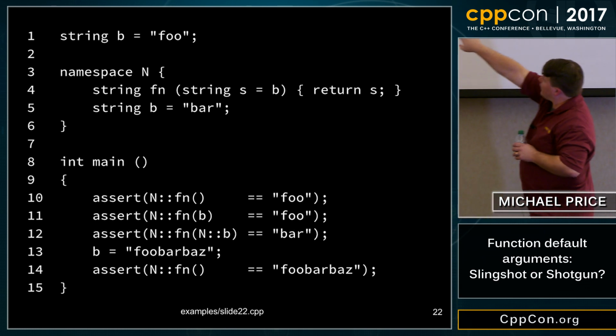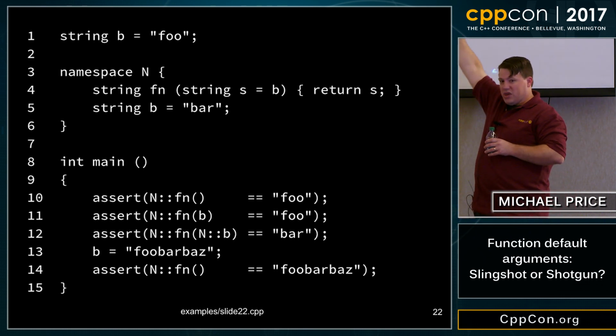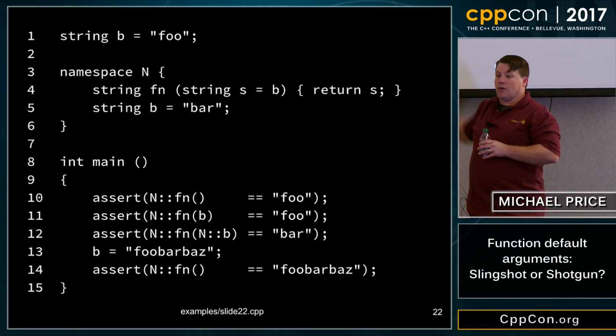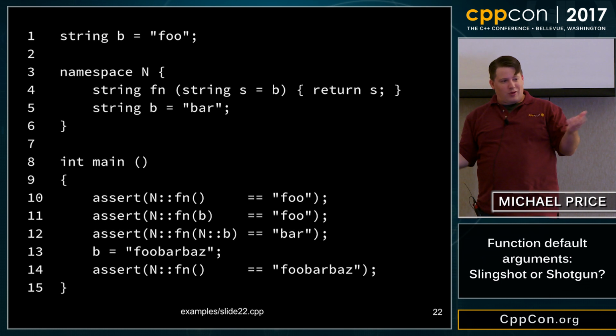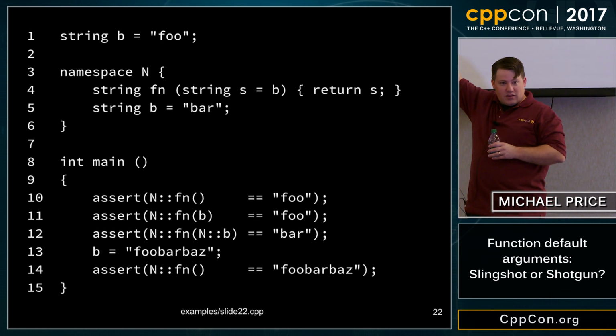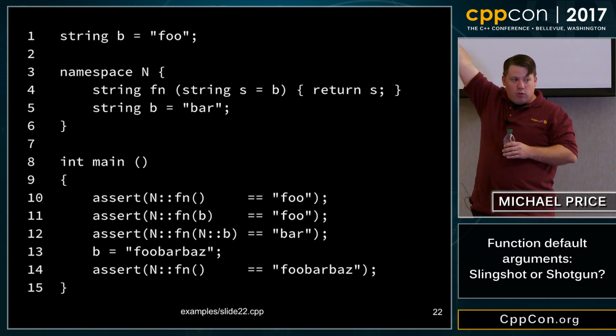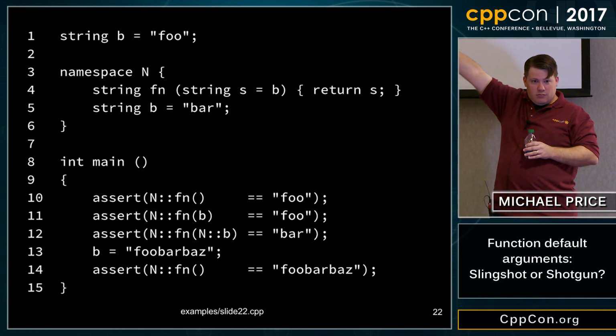Because whenever you scan the line 4 and find that default argument of b, he's going to go, okay, well, let's find a b. Do I know a b? He will not have seen the b that's on line 5 yet. So he's going to bind that name to the global b, right? But he's not going to evaluate it yet.